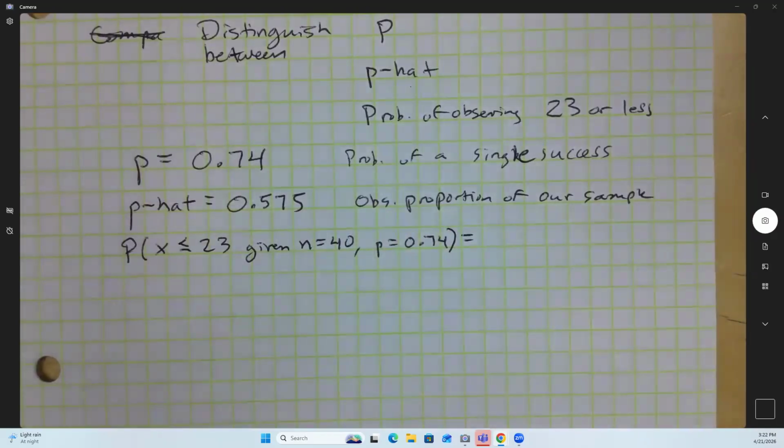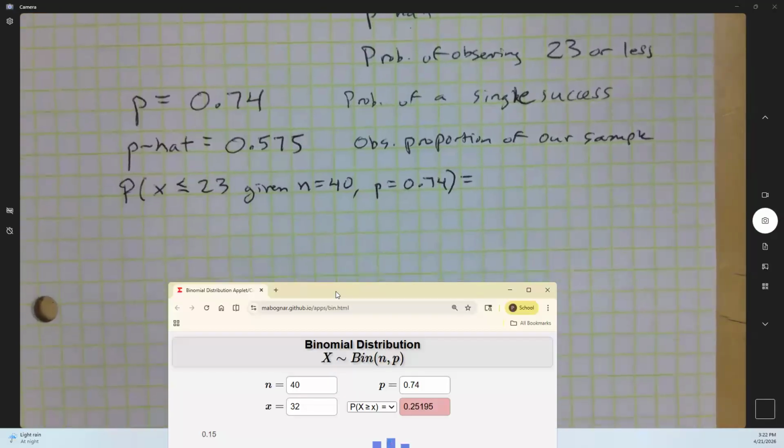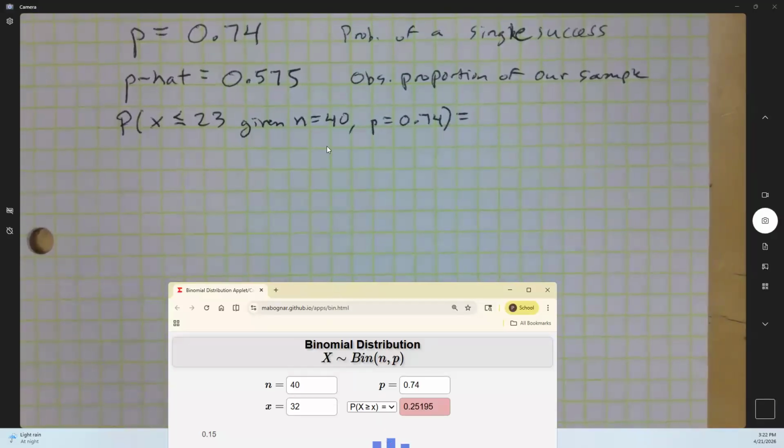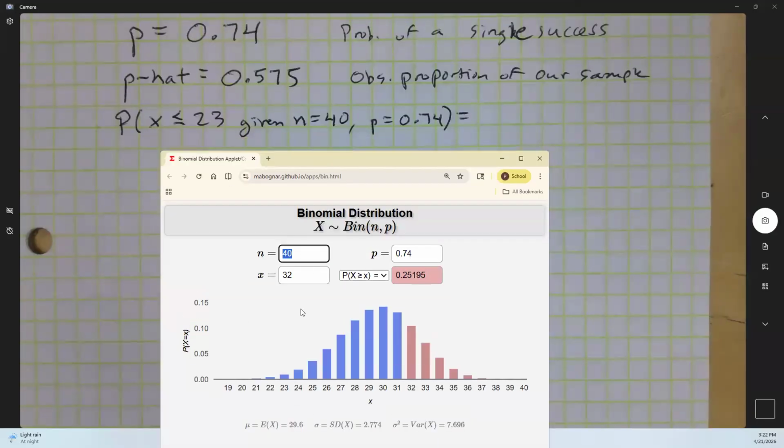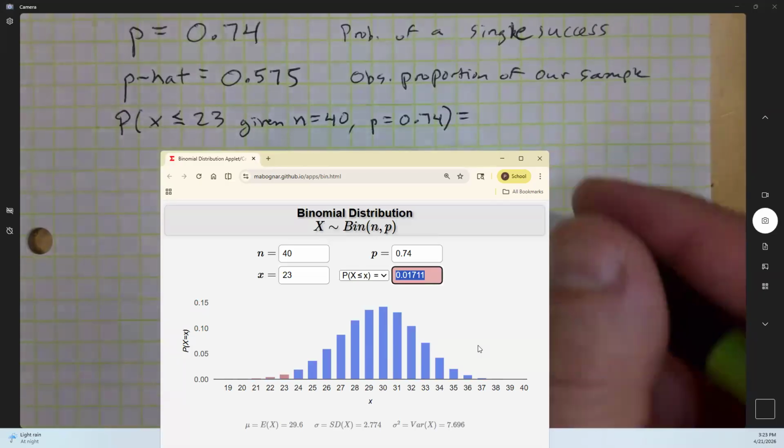And for that, we go to our binomial app. We come up here and we have 40 students with a theoretical probability of 0.74. And now I see only 23, so I look at 23 or fewer. What's that decimal? Close to 0, but it's far enough away.